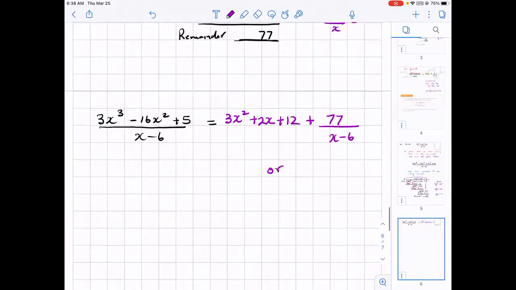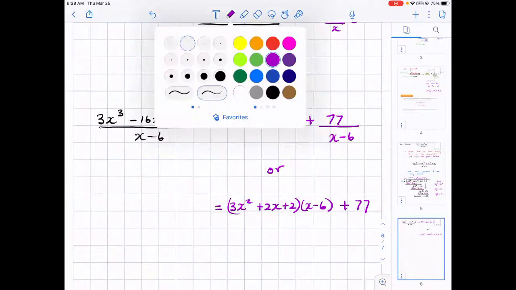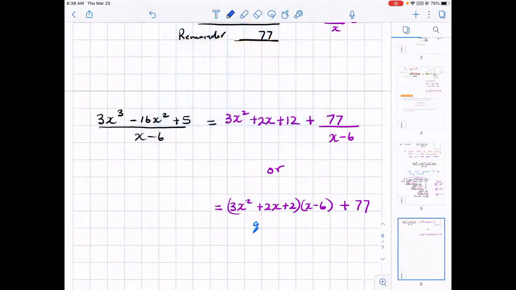Or we can say that this is the same as 3x squared plus 2x plus 12 times x minus 6 plus 77. Remember, this is the quotient, q of x.